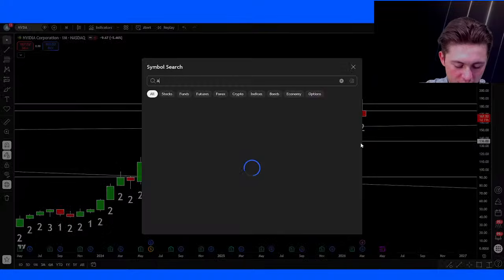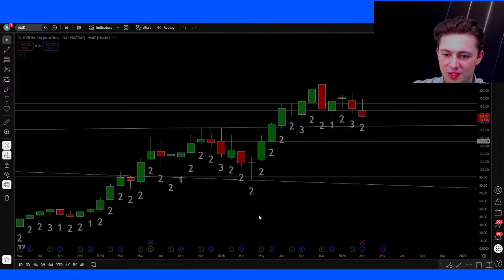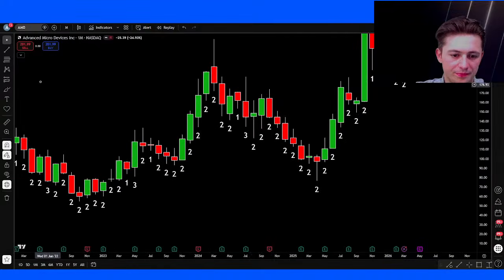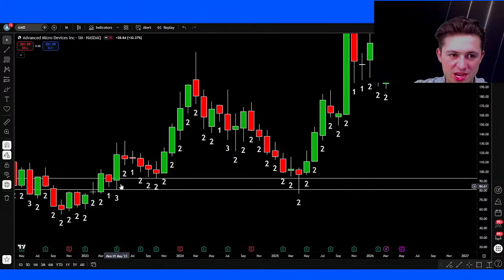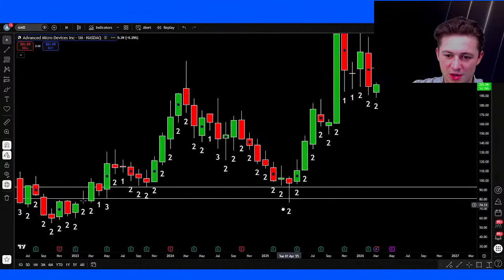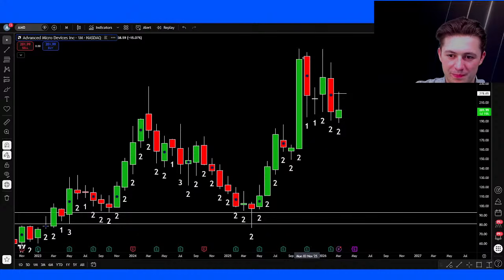We go back to AMD was another good one. You can see we had a 3 here on the month, broadening formation. So they go way higher, little bit lower, way higher again.